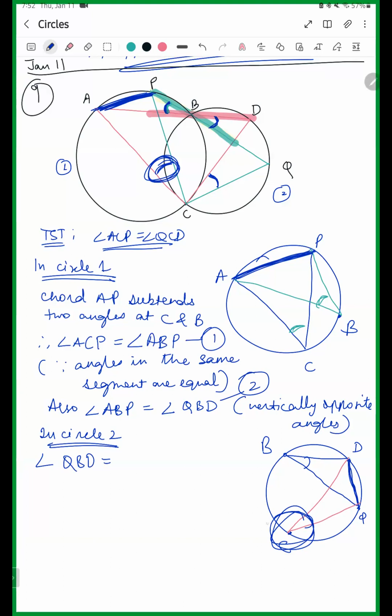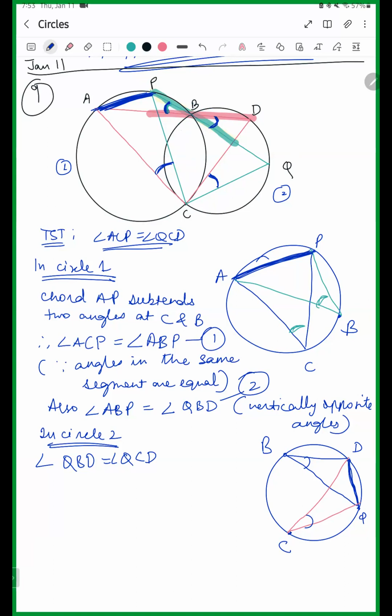This is angle QCD, right? Angle QBD, this one, is equal to angle QCD, this one. So these two angles are equal.